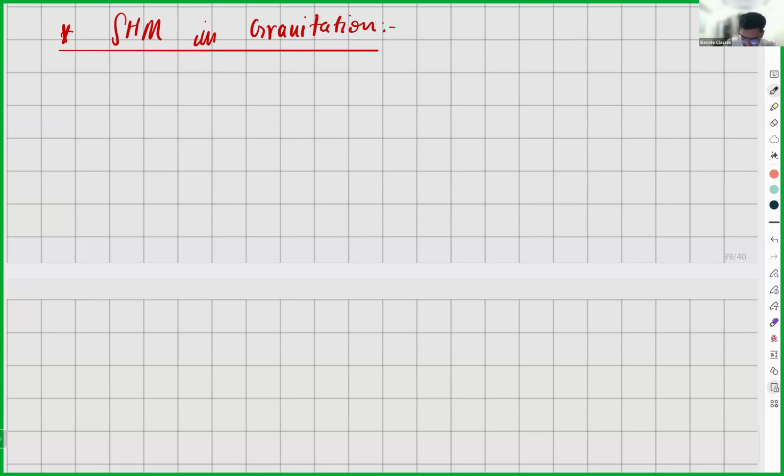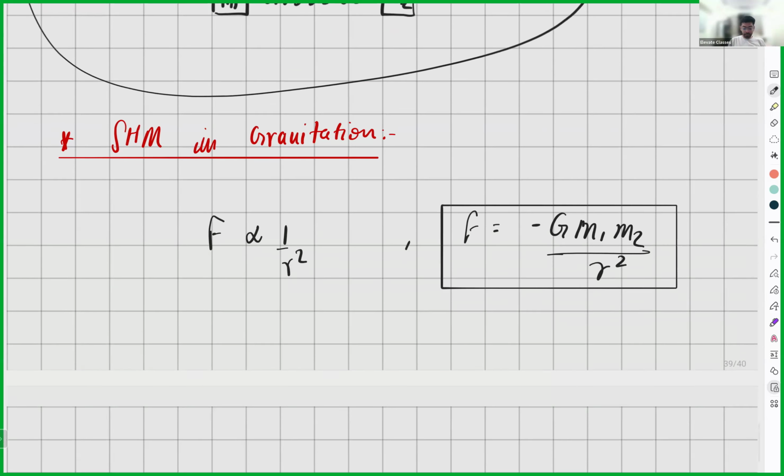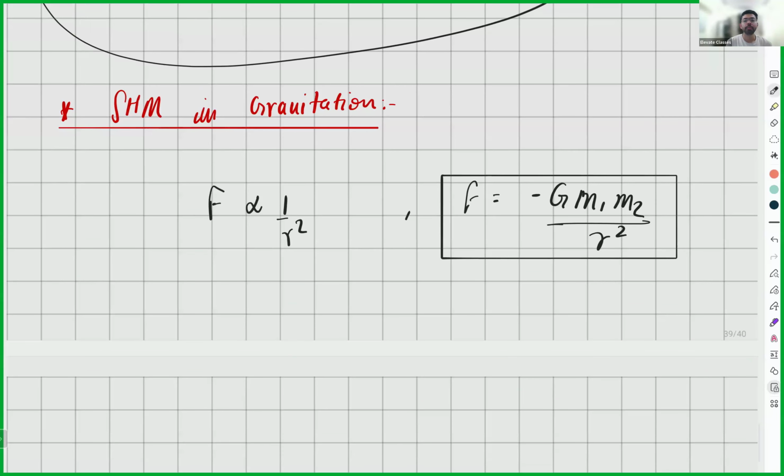So you see the force of gravity is proportional to 1 by distance square, right? This is the expression of force. Now, can you have something such that it oscillates in an SHM? So the answer is actually yes.